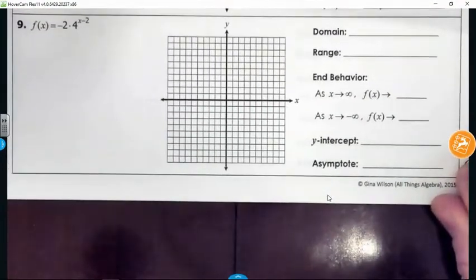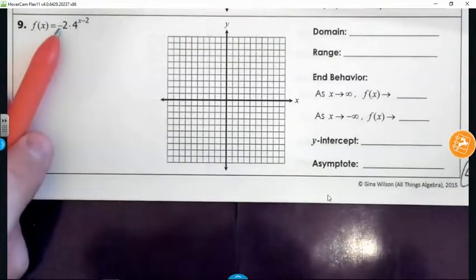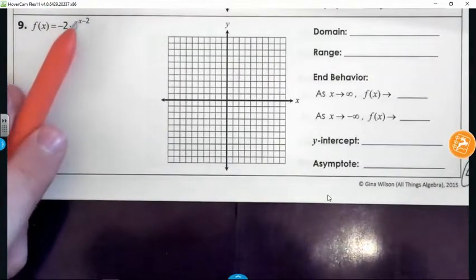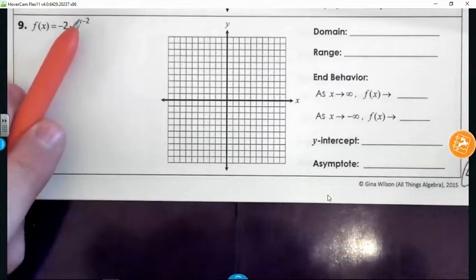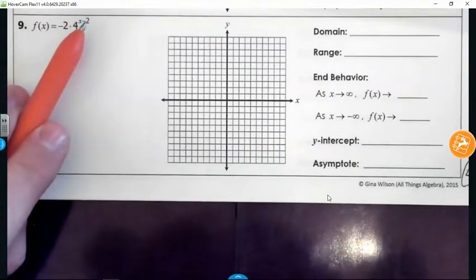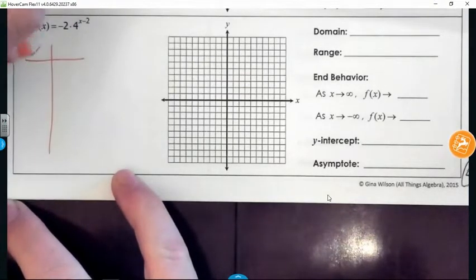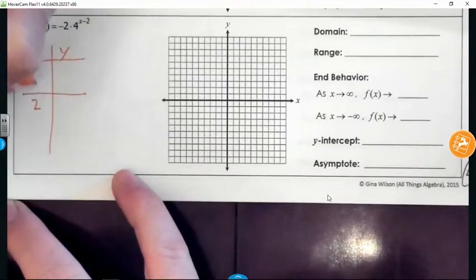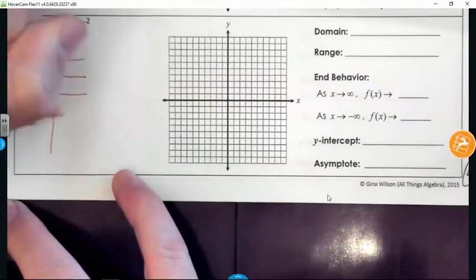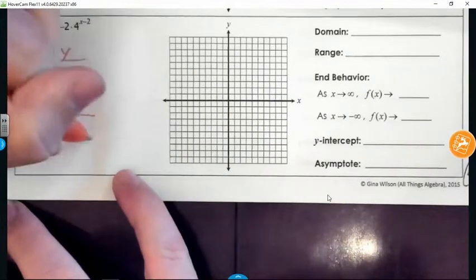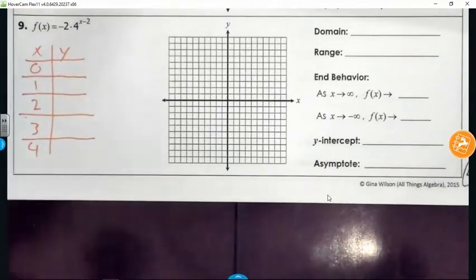This graph is going to have a reflection over the x-axis, stretch of 2, parent function is 4 raised to the x, and I have moved 2 units to the right. So that means with my xy table, 2 is going to be in the middle, followed by 1 and 0, 3 and 4. I'm going to find those coordinate points.